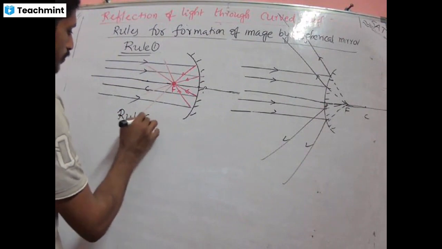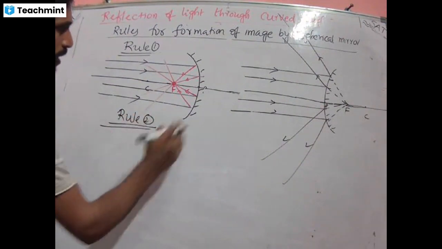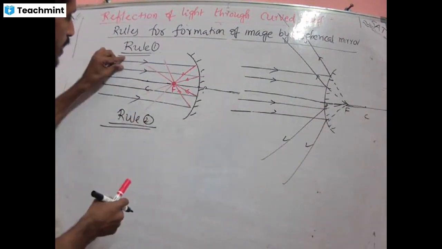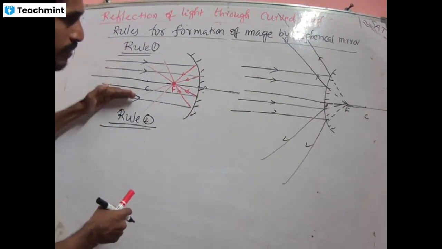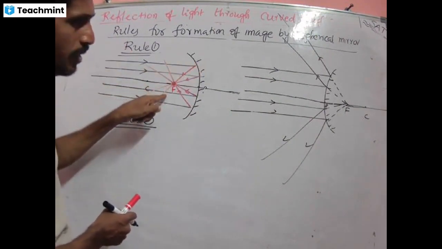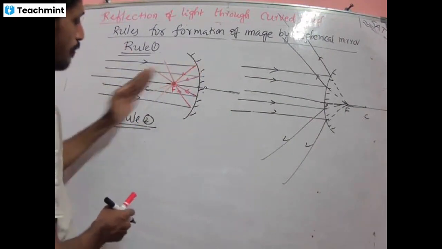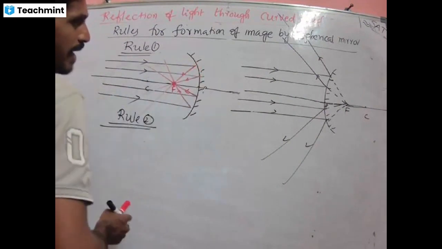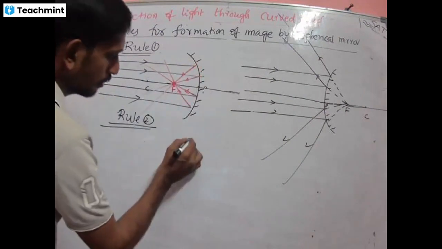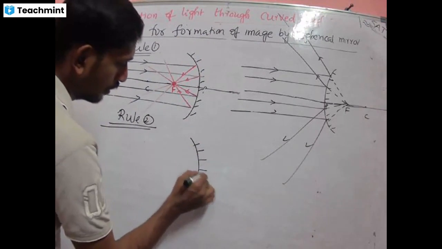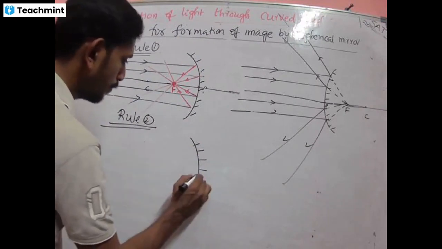What is rule number 2? It is the reverse. In the earlier case, the rays which are parallel, after reflection, pass through the focus. Now the rays which are passing through the focus, after reflection, become parallel. This is my concave mirror, and this is the pole.